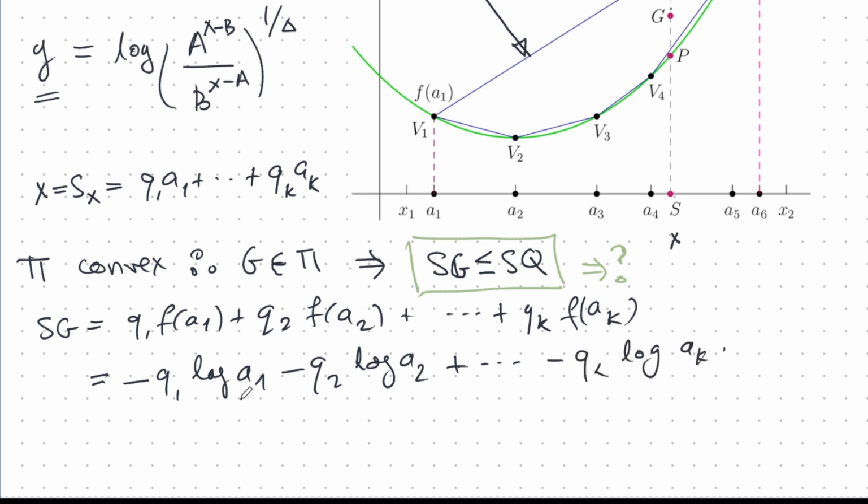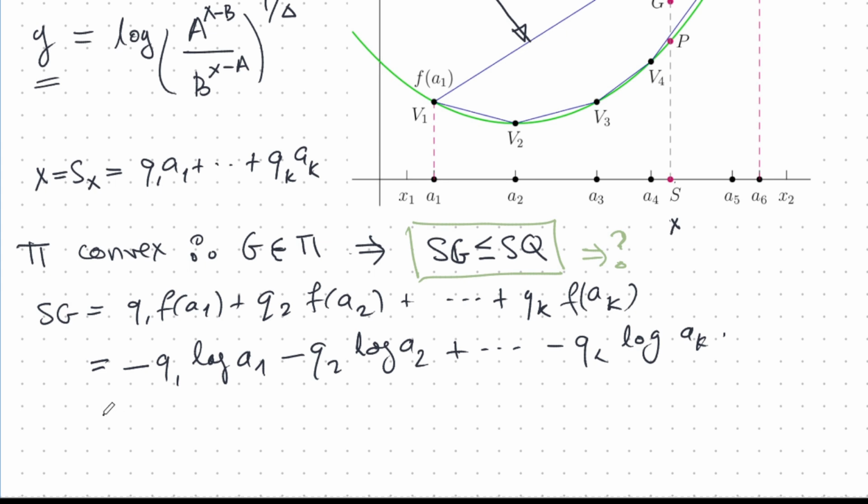And as we did before in a previous video, we can compact all this stuff together. We get minus log of this big product. This is the generalized geometric mean.